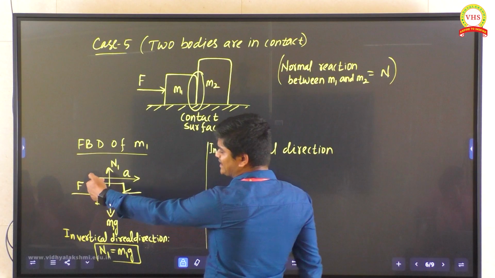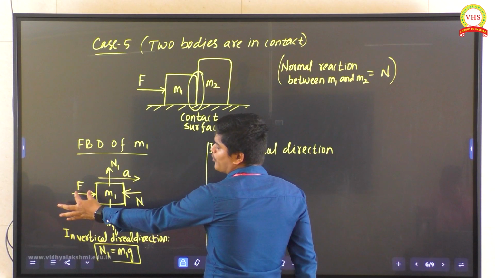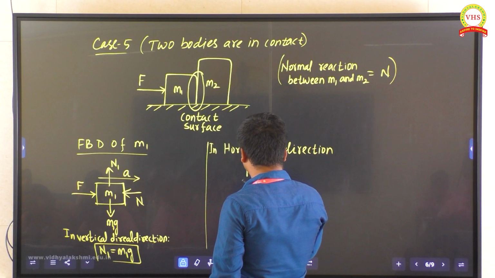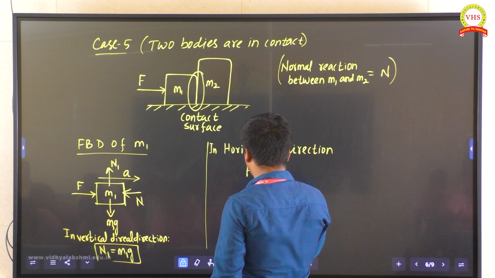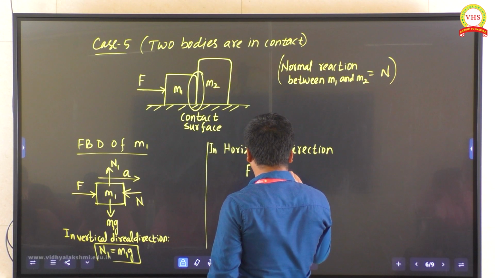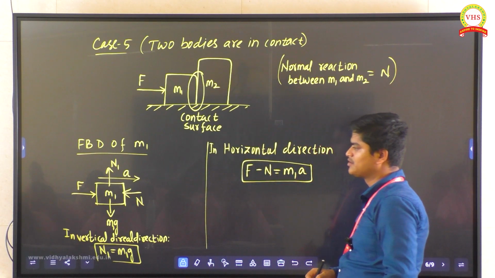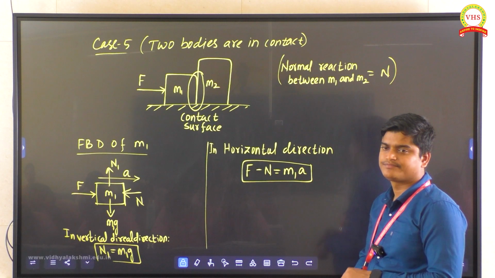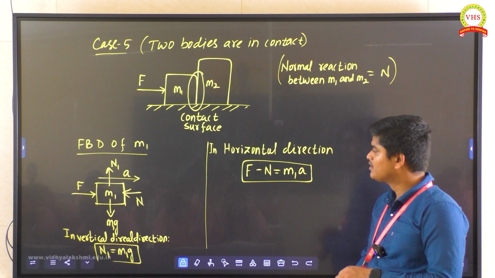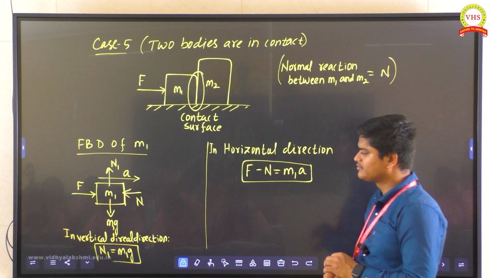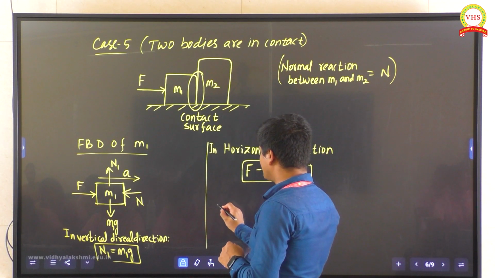Here the object is moving to the right side, so the force direction F is to the right side. So we apply F net equals ma. I get F minus N equals m1a. I'm getting one equation like this. Yes or no? Clear idea? Now can you tell what is the acceleration of the system?